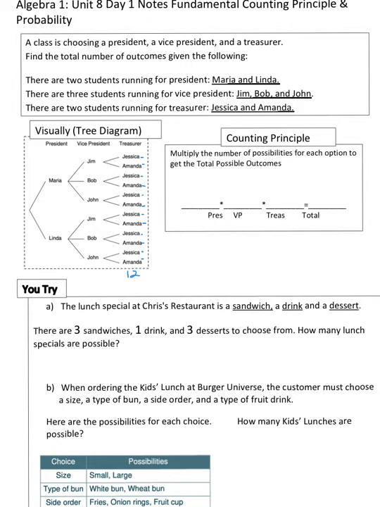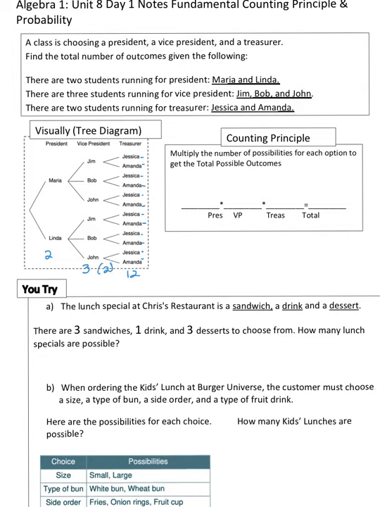A tree is a legitimate way to do it, but a tree takes up a lot of space. When you start getting into maybe 3 and 4 people running for president and then 5 students running for vice president, you don't have enough paper or table space. So I'm going to point something out to you. 2 people running for president, 3 people running for vice president, and 2 people running for treasurer.